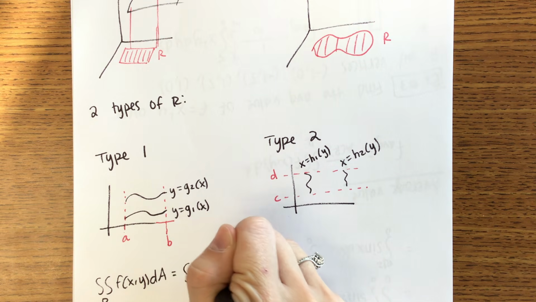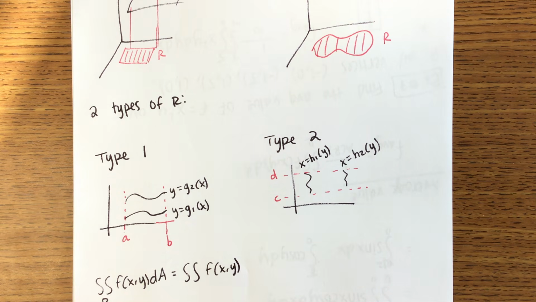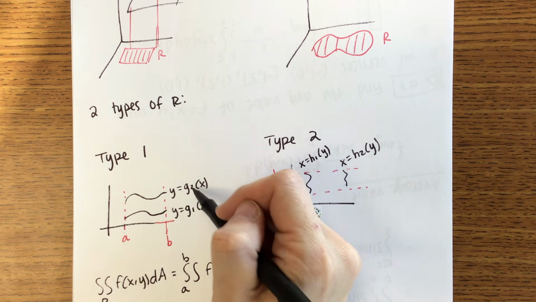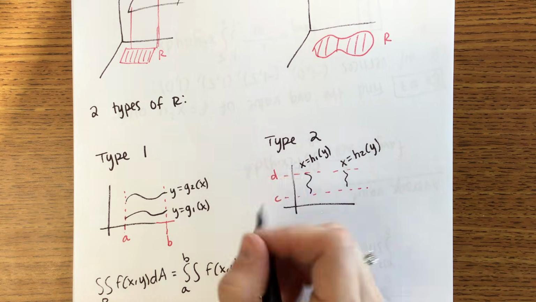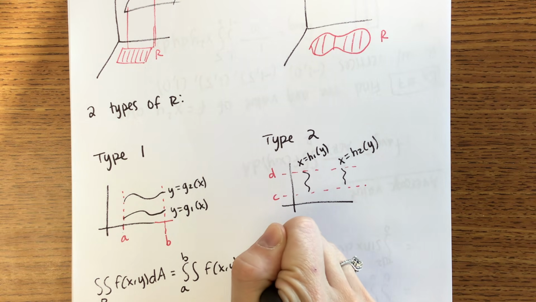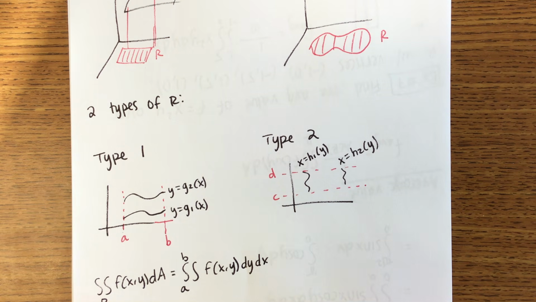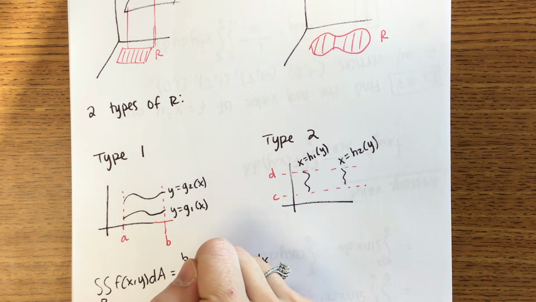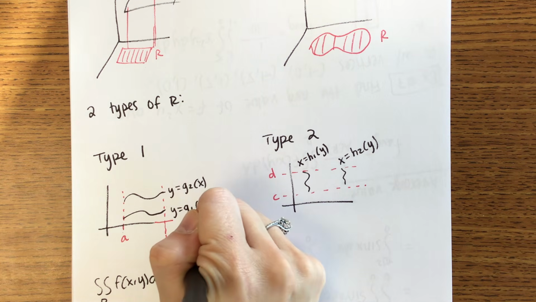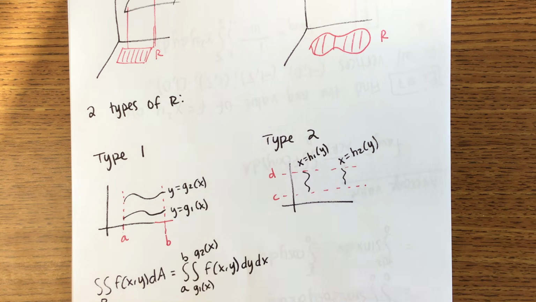It's still the double integral of f of x, y. Whatever your constants are, that's what you integrate last. So in this case, the upper and lower boundaries for y are functions, so we want to integrate with respect to the functions first. So your lower and upper boundaries for y are actually going to be functions, not constants.